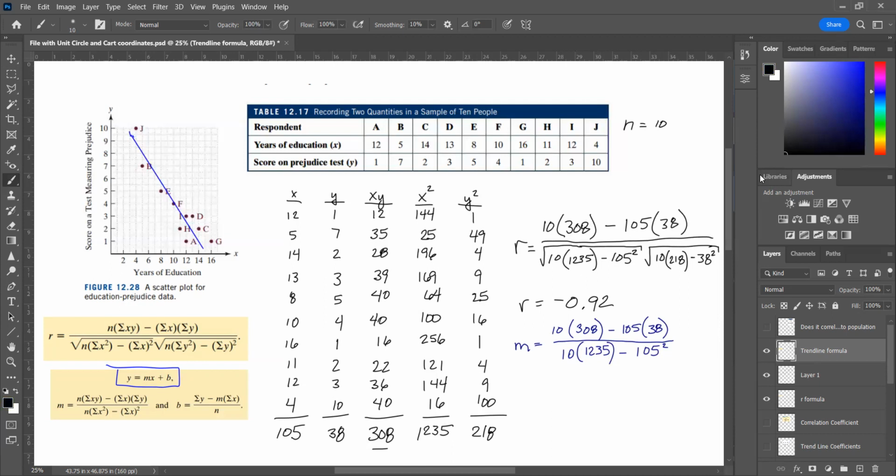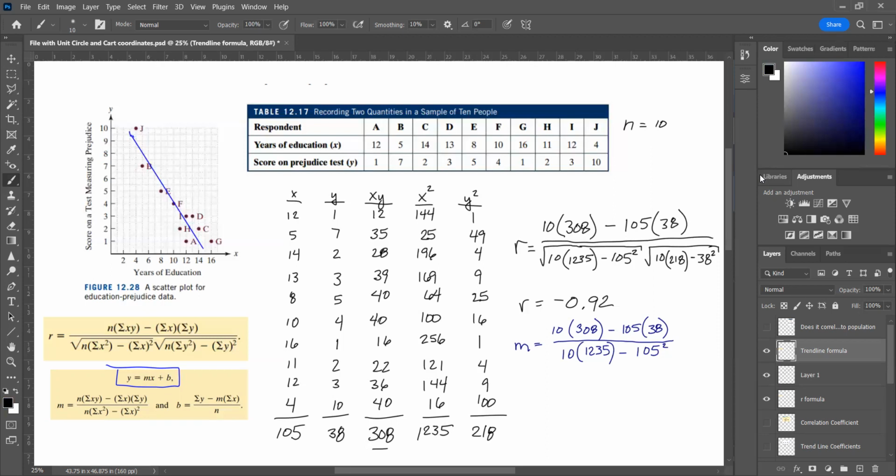And that's fine. Remember, slope is rise over run, so it kind of makes sense we would use those x values there. So in my numerator, I'm going to have 10 times 308. From that, I'm going to subtract the product of 105 and 38. Then I'm going to divide that by 10 times the product of 1235.